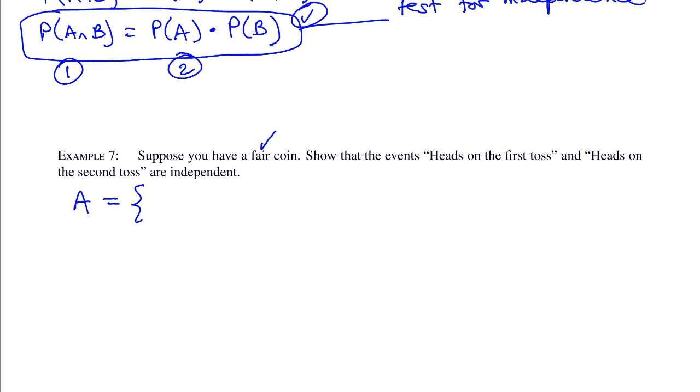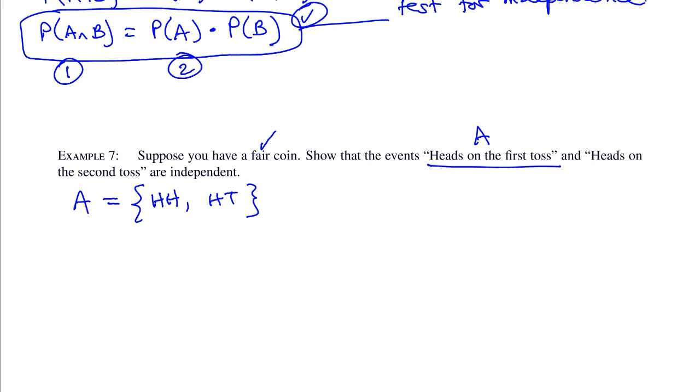What events, or simple events, go into A that represent heads on the first toss? So what could it be? Heads, heads, or heads, tails. Yeah. So A is strictly heads on the first toss, heads, heads, and then anything else that could occur.